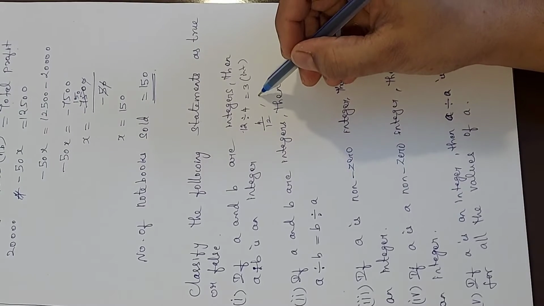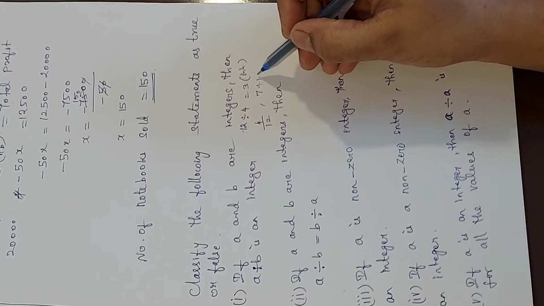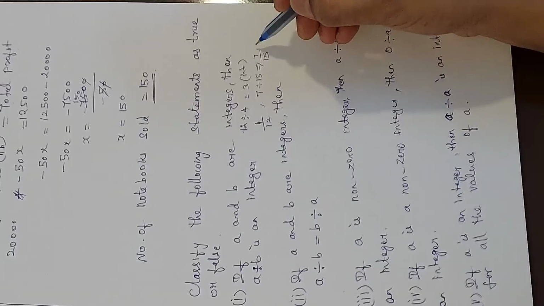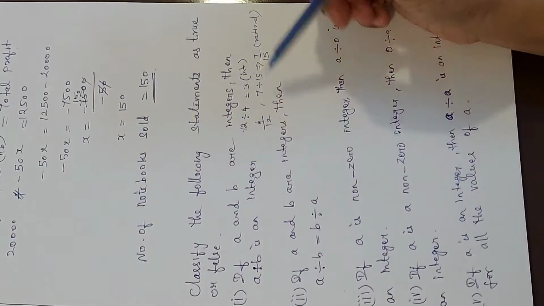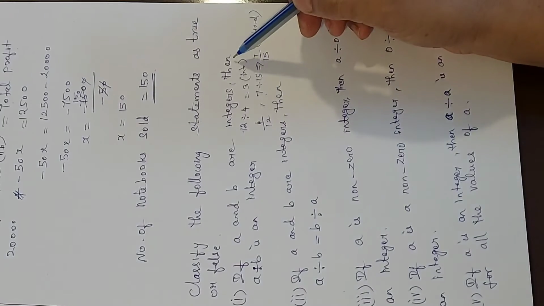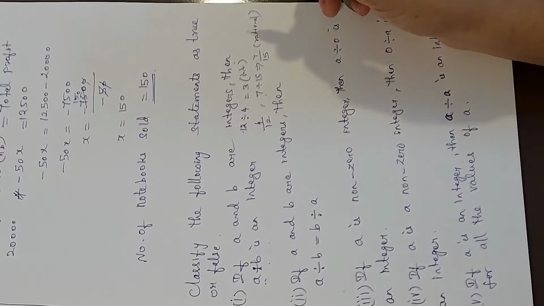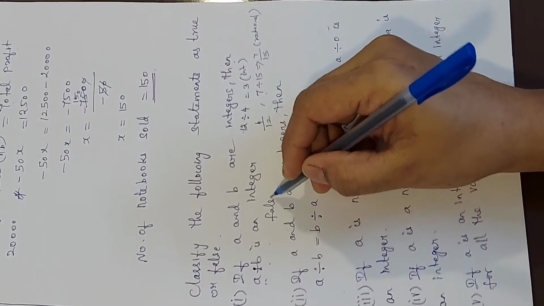And 7 divided by 15, again 7 by 15 is a rational number. So if a and b are two integers, a divided by b is not necessarily an integer. It is not always an integer. So it is false. Do you understand, children?